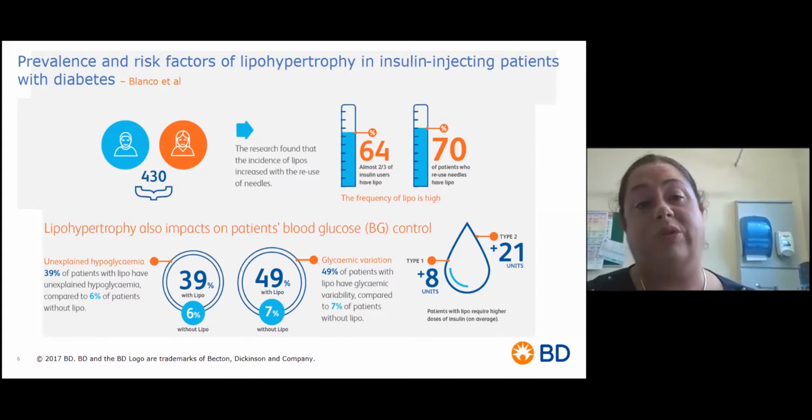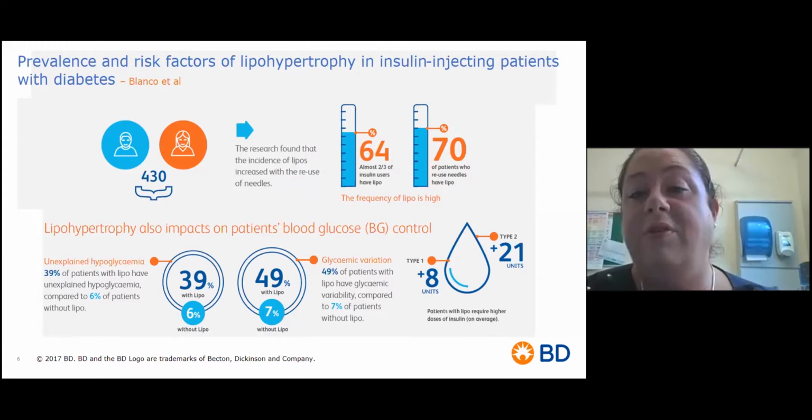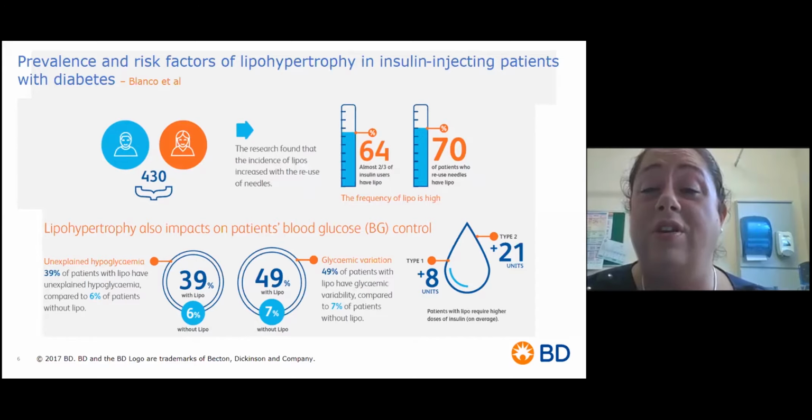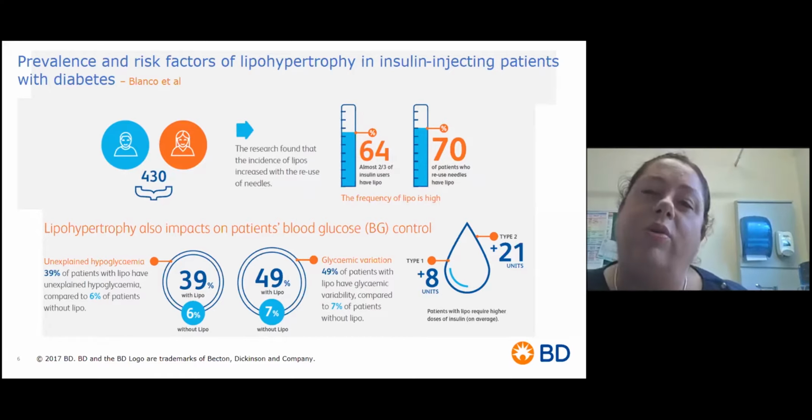What was quite shocking for me when I first looked at this slide a little while ago is that 70% of our patients reuse needles, and 2/3 of insulin users have lipos. That's quite a high number. And in one way, it's hard to say, oh God, I didn't think it was going to be so much, because I educate about this all the time. But then I had to take a step back and go, you know what, when you go back to your diabetes bubble, there's so much going on.